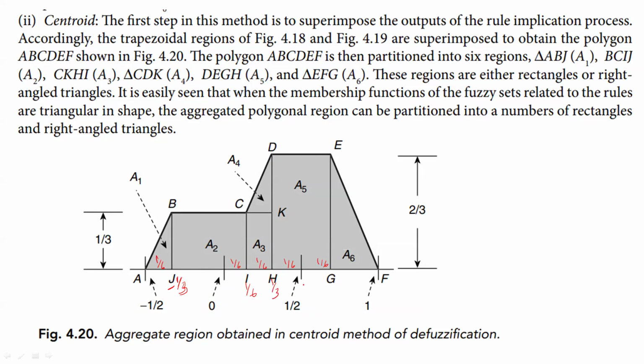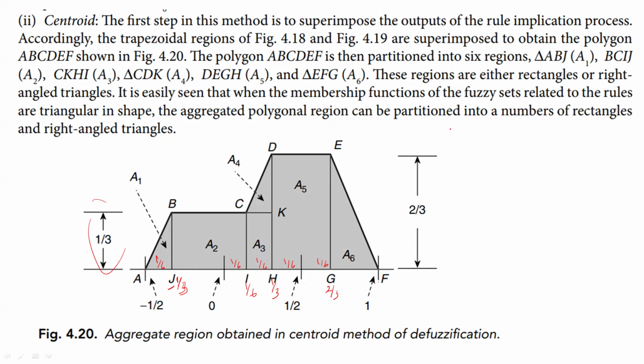This is point 1 by 2 or 0.5. This will be 2 by 3. Okay, and this is 1. So now we got all the coordinates and we know the height of most of them on this side is 1 by 3 and this one is 2 by 3. So now let us find out the area of each one of them.